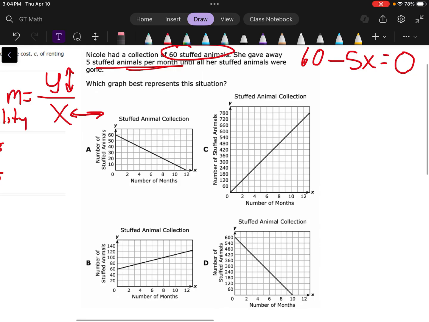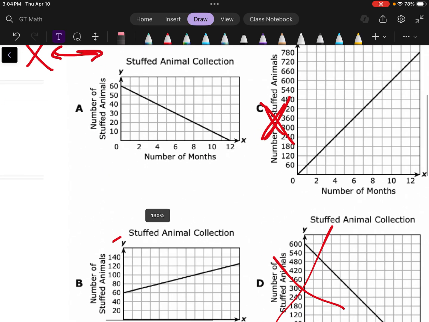So all we're doing is taking that equation and matching it with the graph. Well, this graph is out because it's proportional, it starts at 0, and we're starting at 60. So where's 60? This one starts at 60, this one starts at 60, and that one actually starts at 600. So we're looking at just these two.